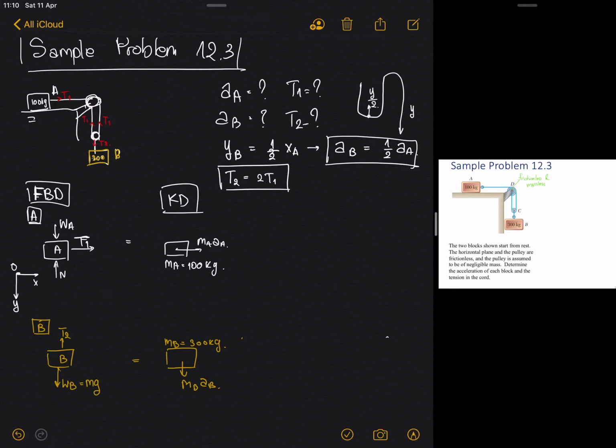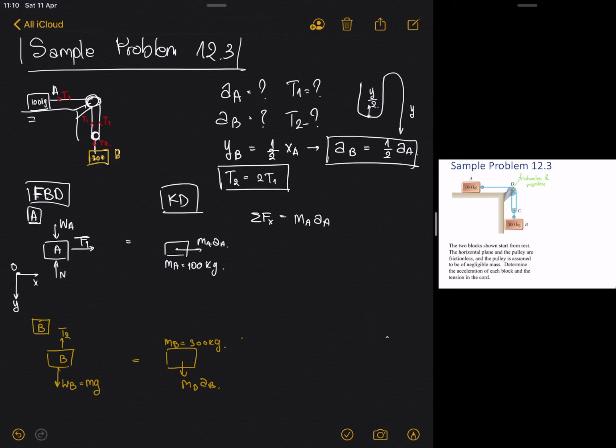And next, we would like to solve the problem. So we have sigma Fx equal to mA AA. In this case, for object A, you only have the movement in x, and there is no friction force, because no friction coefficient is given.